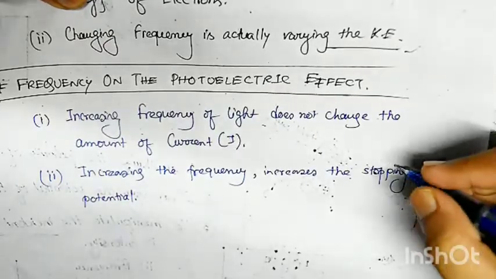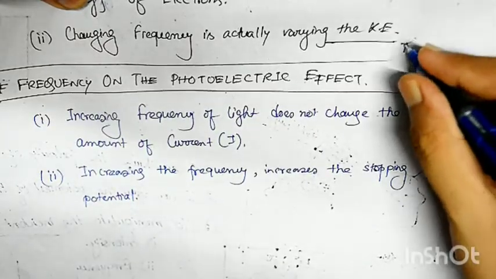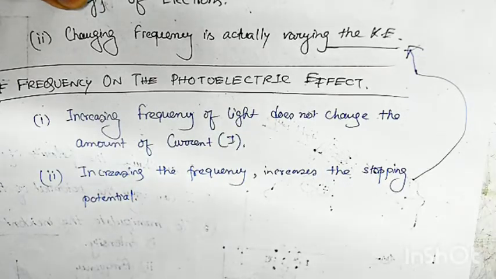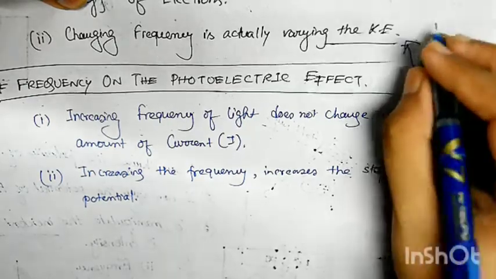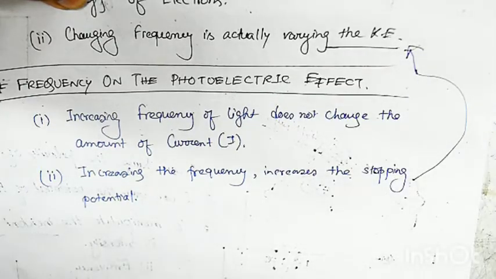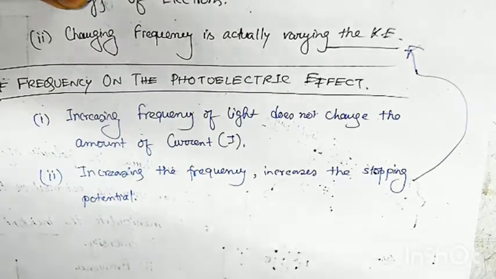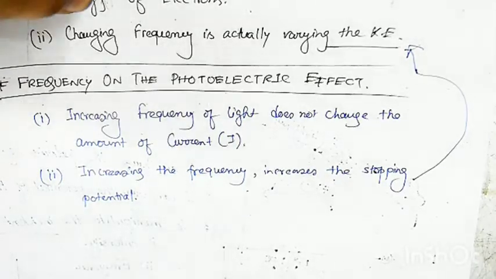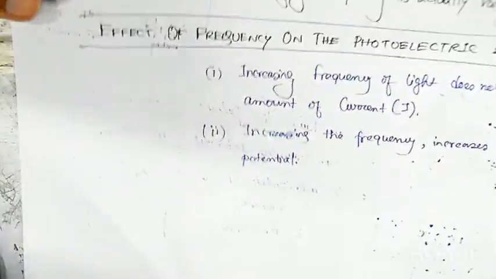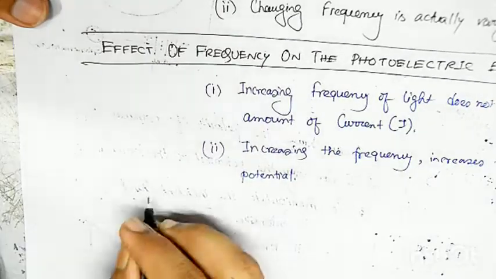So yes, this again supports what we observed with intensity, that changing frequency is actually varying the kinetic energy of electrons. They also found out that this relationship is linear, and one more thing was found out. That thing was called the work function.